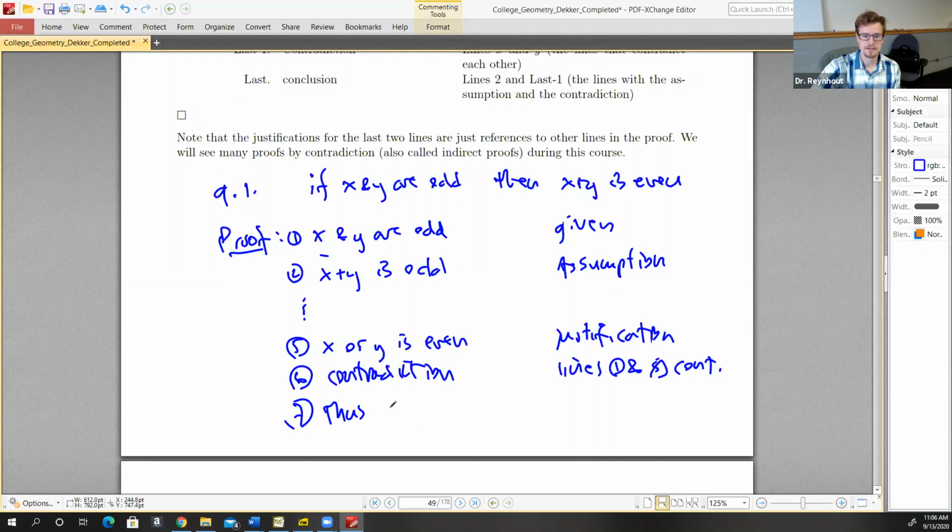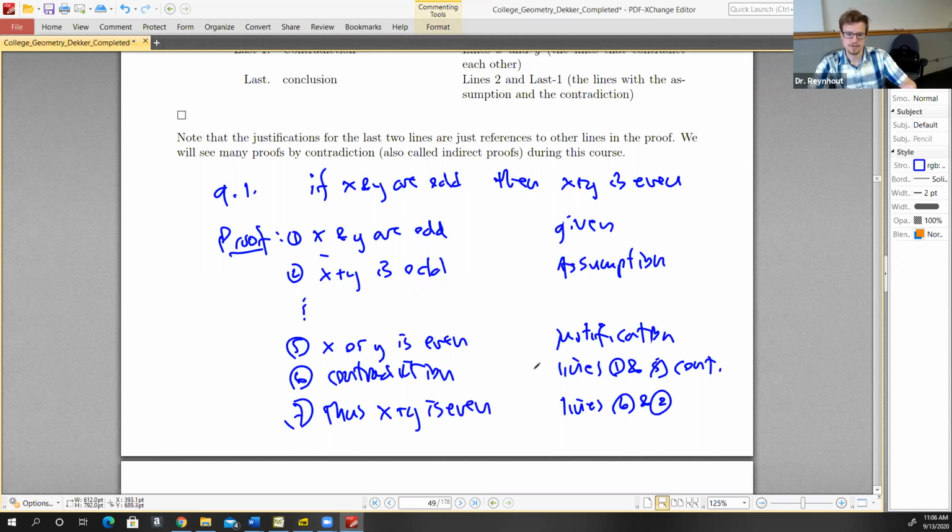And then the 7th line would be thus x plus y is even. And the justification would be lines 6 and, right, you're saying that there was a contradiction because of our assumption, line 6 and line 2.